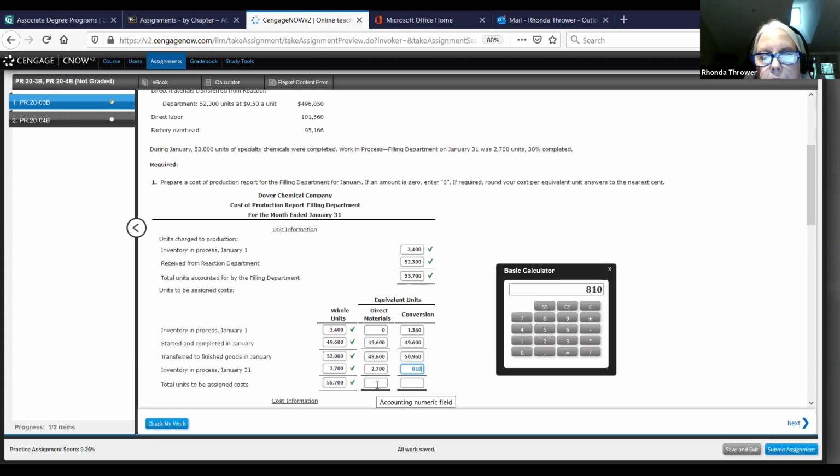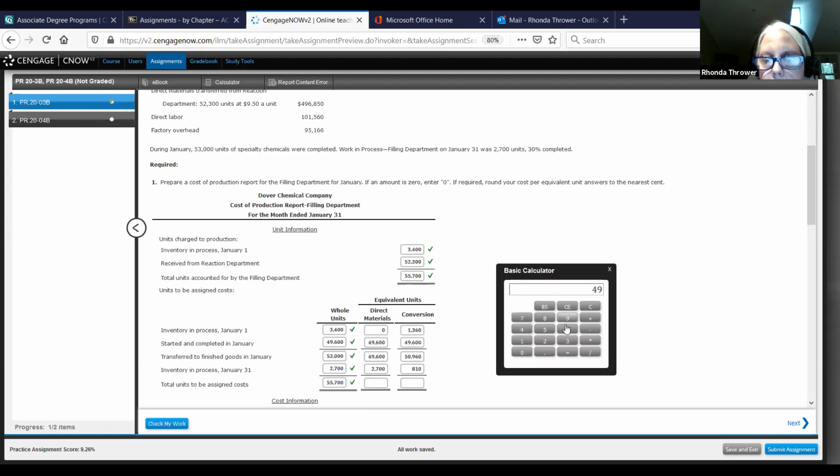And then to find the total units to be assigned cost, you're going to add your transferred units plus your ending inventory units, and that would be the entire amount of units that is considered to be equivalent units for materials.